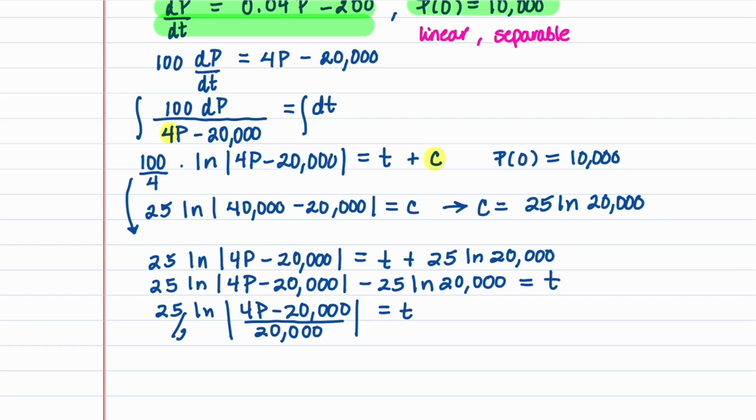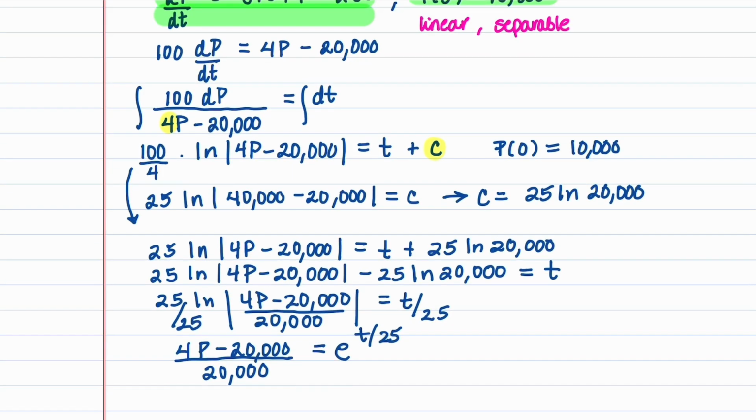Let's go ahead and divide by 25. And then we can exponentiate each side, and that gives us 4p minus 20,000, all divided by 20,000, is equal to e to the t over 25.